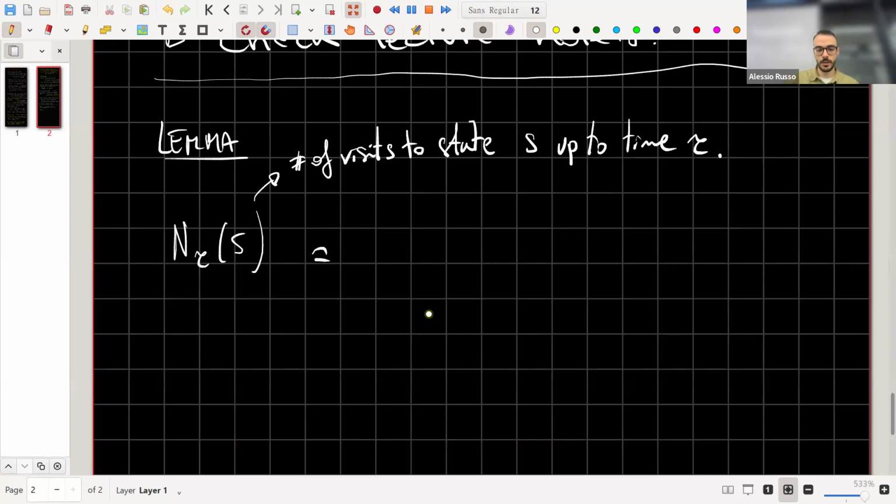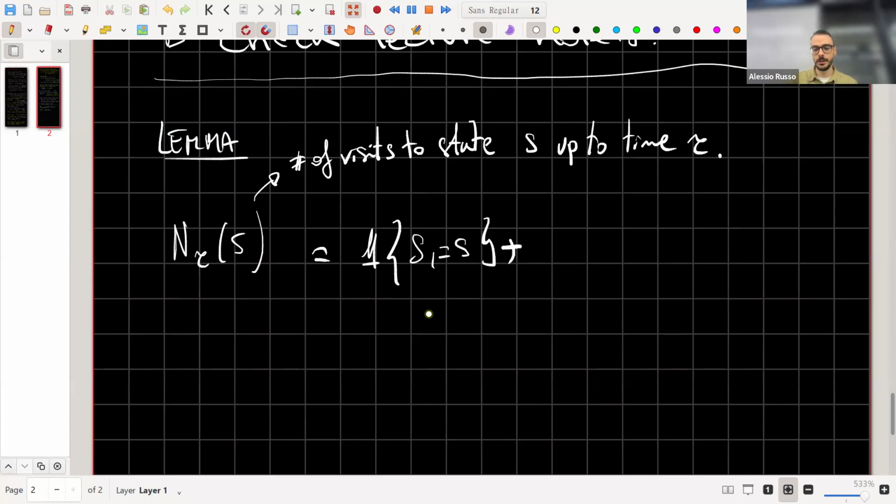This is equal to the indicator function that we visited that state at the initial step, plus, and here we need to write a sum of indicator functions.